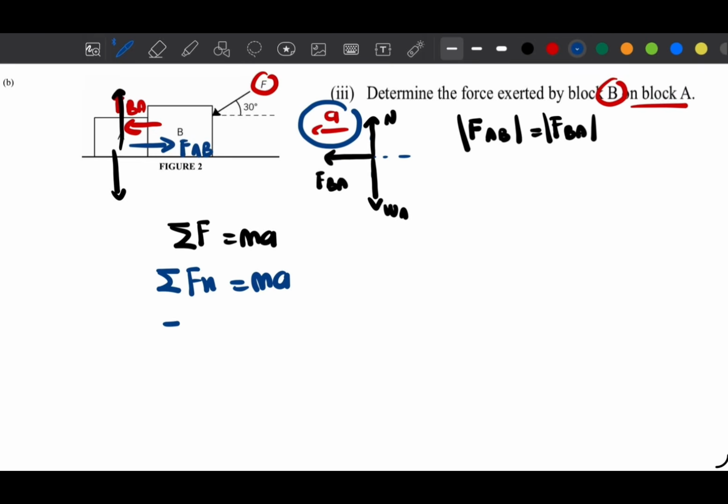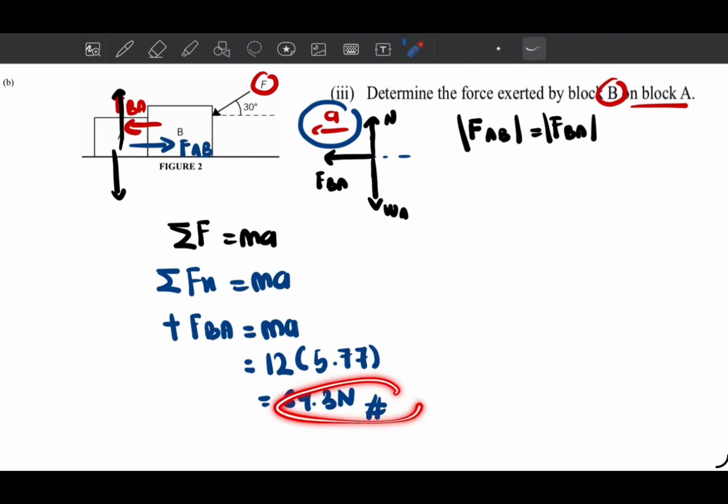Since they are in the same direction, it is a positive FBA. That is the only force along the x-axis, equals MA. And what is my M? The body A has a mass of 12 kg. The acceleration is given as 5.77. I will get my answer as 69.3 Newton. That's the answer for the force exerted by block B on block A.